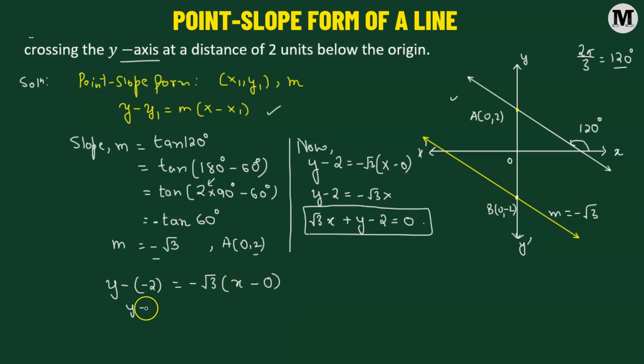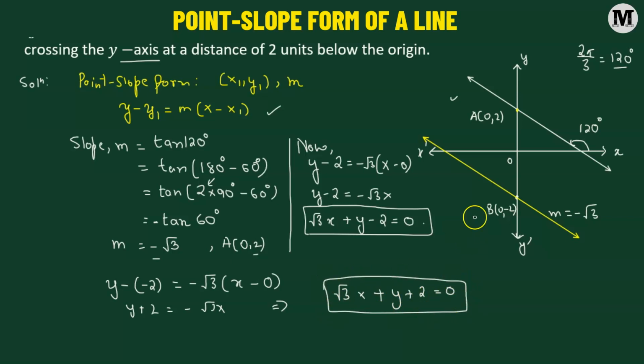So we get y plus 2 equals negative root 3 x, or rearranging the terms, root 3 x plus y plus 2 equals 0. This is the equation of the other line which passes through the point B (0, -2) and is parallel to the previous line. In other words, this line is also making an angle of 120 degrees with the positive x-axis.